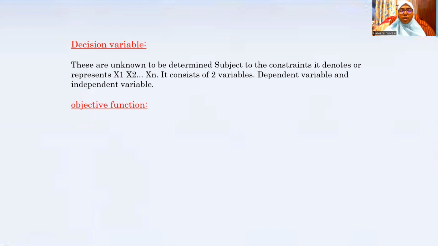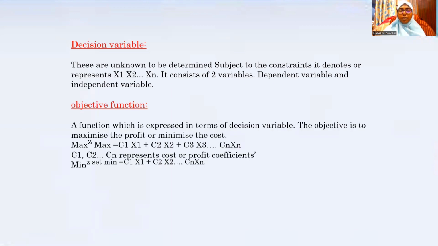Now let us know what is an objective function. A function which is expressed in terms of decision variables. It is the objective which is helpful for maximizing the profit and minimizing the cost. Z max indicates C1 x1 plus C2 x2 plus C3 x3 up to Cn xn.